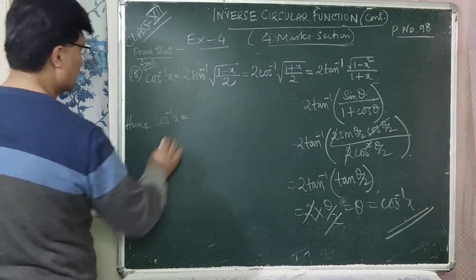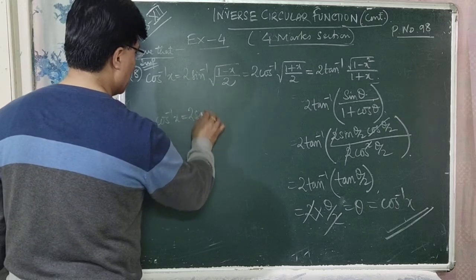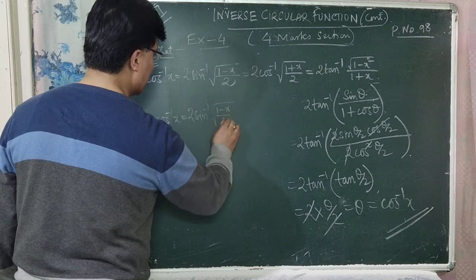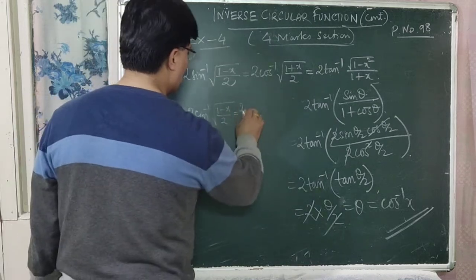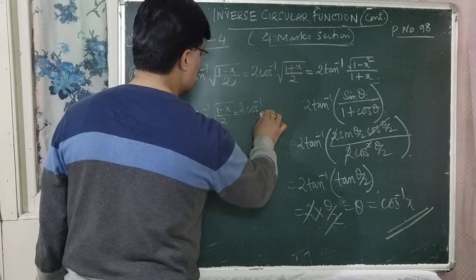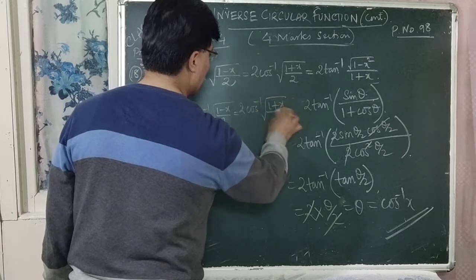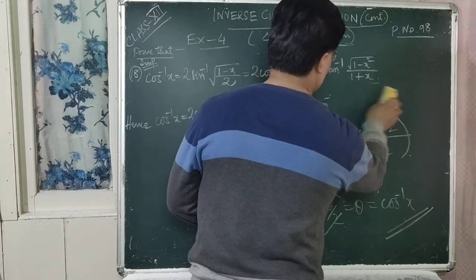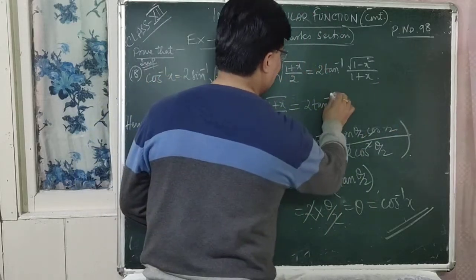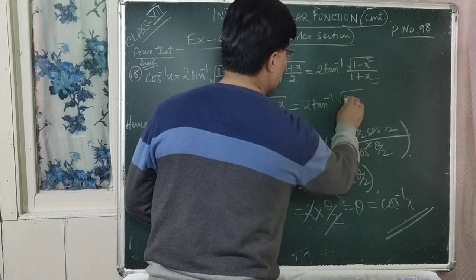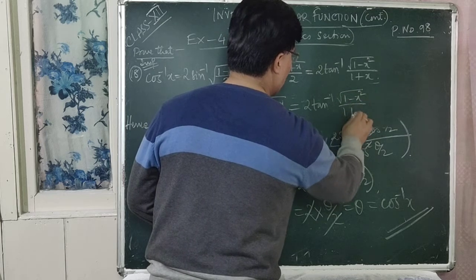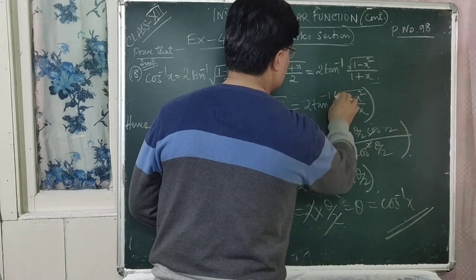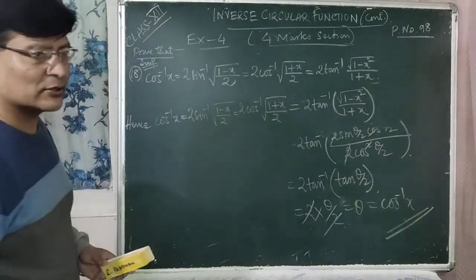Hence cos inverse x is equal to 2 sin inverse root over (1 minus x) by 2, is equal to 2 cos inverse root over (1 plus x) by 2, is equal to 2 tan inverse within root (1 minus x square) upon (1 plus x). You can put it within first bracket. This is tan inverse. Is it understood now?